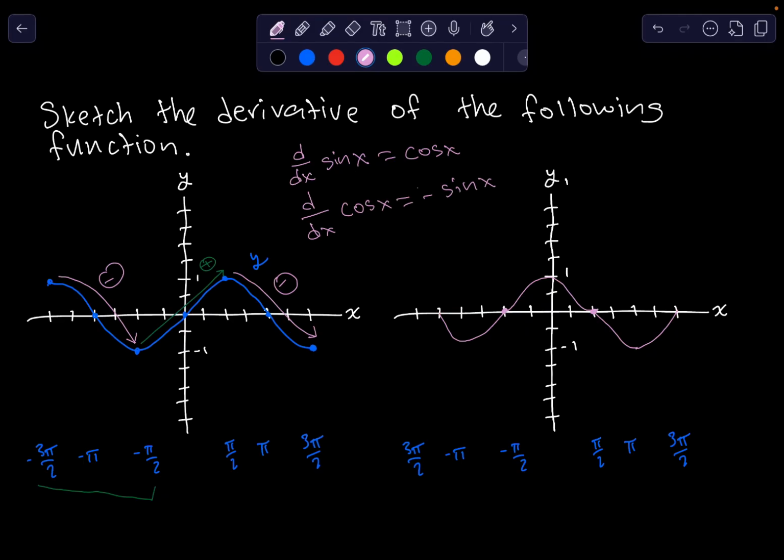And then you see, it's just going to kind of repeat. The derivative of negative sine x gives you negative cosine x. Then if you take the derivative again of that negative cosine x, you'll get sine x, and it'll continue to occur. So this one is actually infinitely differentiable. Not that that's too important, but I think it's important to know.